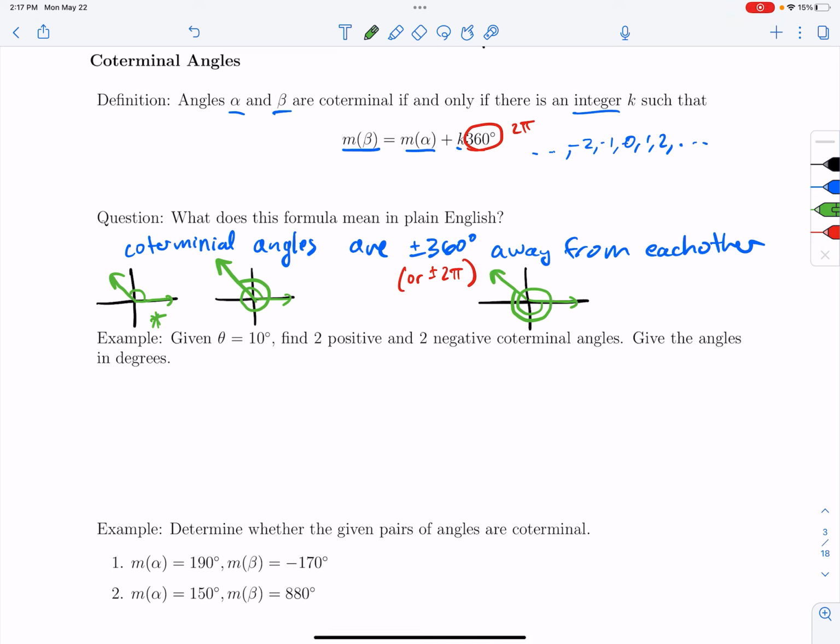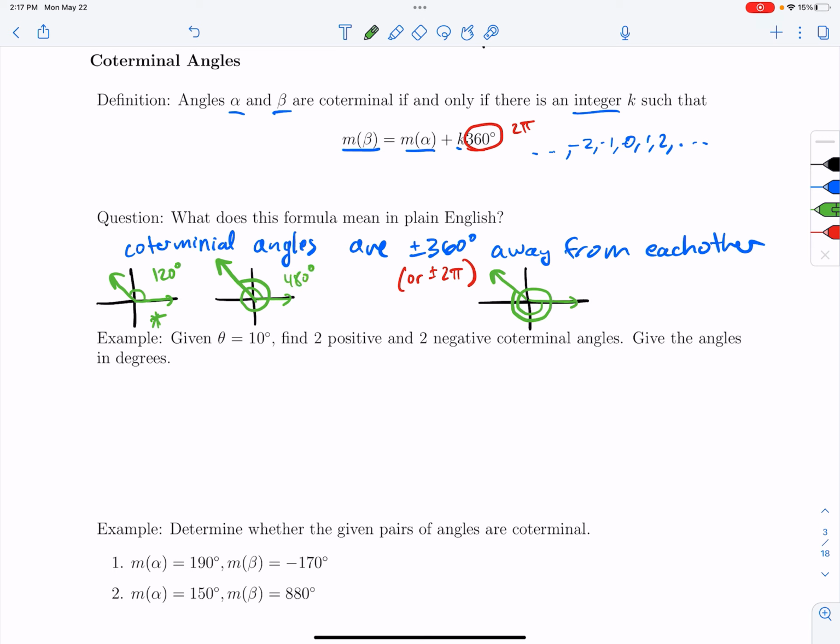So all three of those green angles are coterminal, even though they would all have different measures from each other. That first one is between 90 and 180. Let me give an estimate: let's say it's 120 degrees. That second angle is 120 plus 360 degrees, so it's 480.